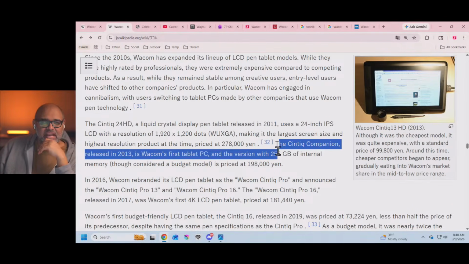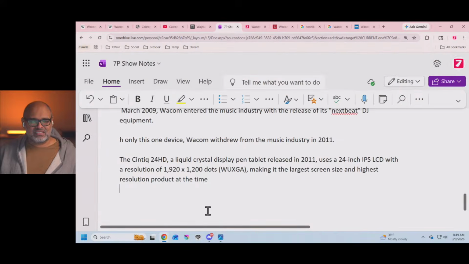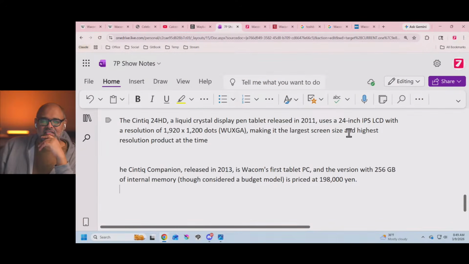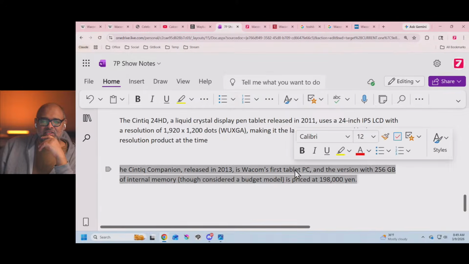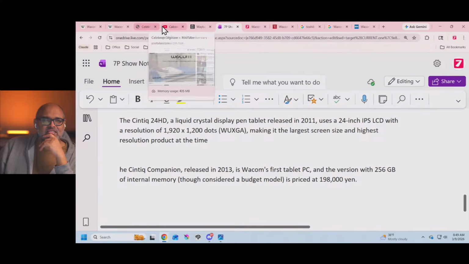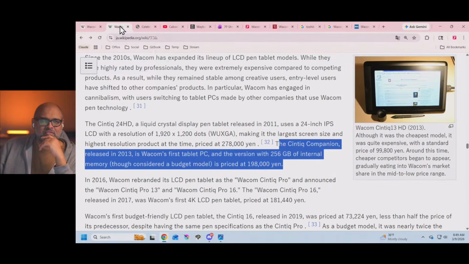The Cintiq Companion in 2013. I don't have a Cintiq Companion. Is it worth getting it? Just, for collection's sake? I don't know. It's like a plug into a Cintiq, right? So I need the Cintiq as well, if I understand correctly.